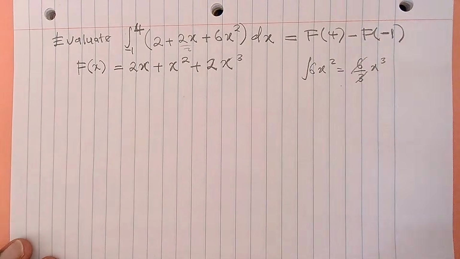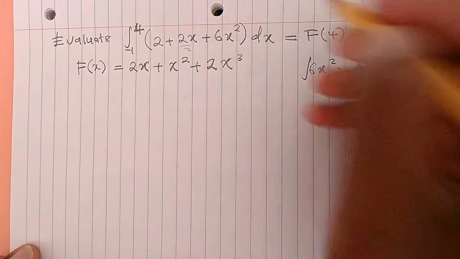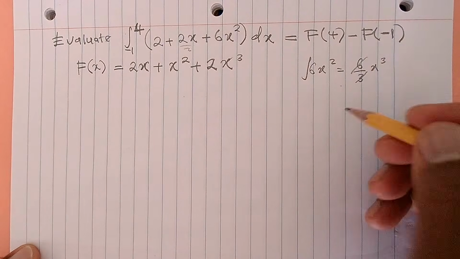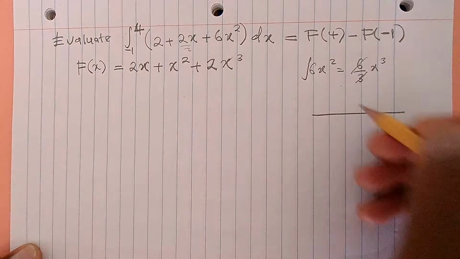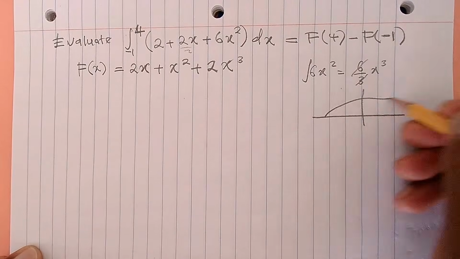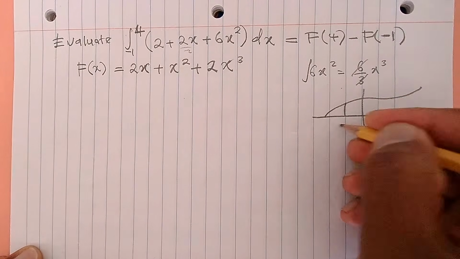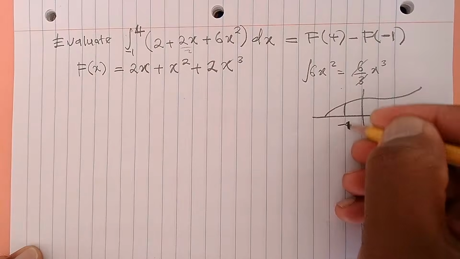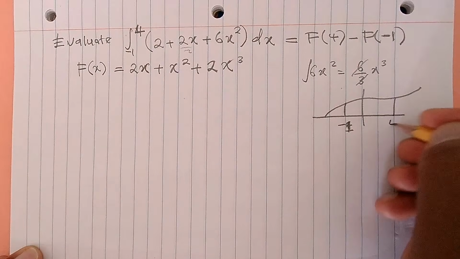So again, for those who are wondering how we find the area under the curve, let's say this is your curve, and this could be your -1 and this could be your 4.